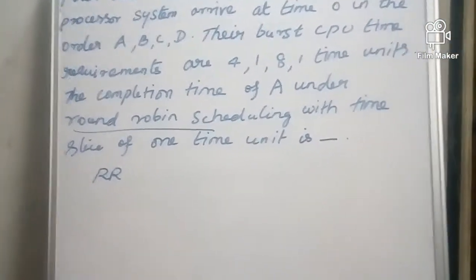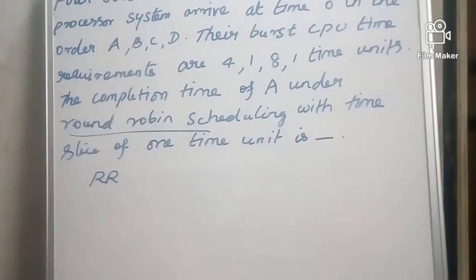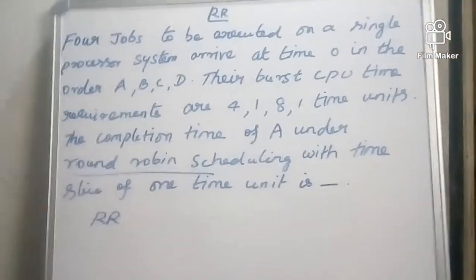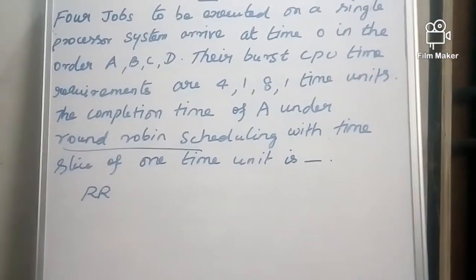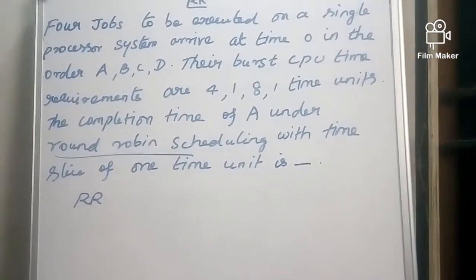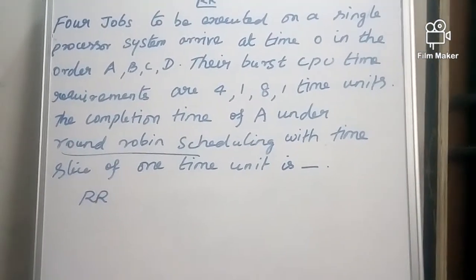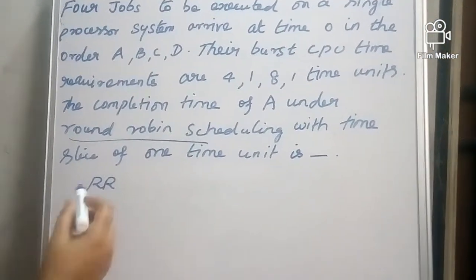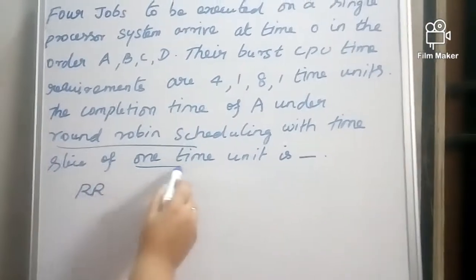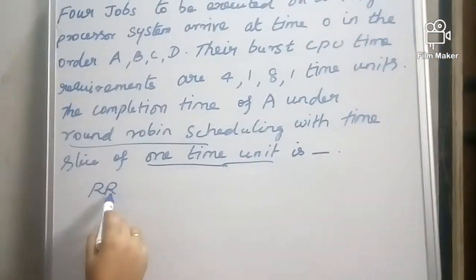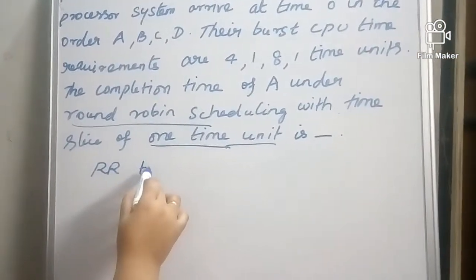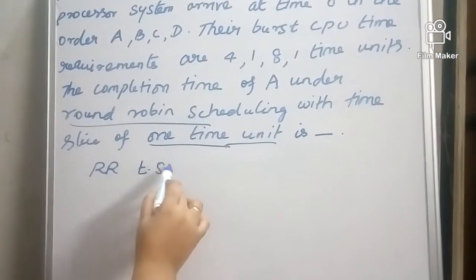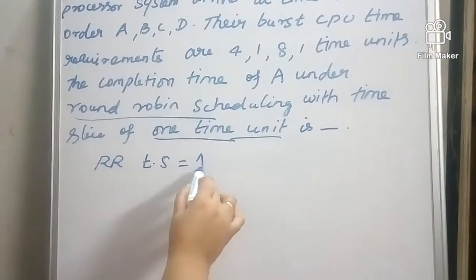And the next important thing is the time slice. If it is a round robin algorithm, we need the time slice. Here it is 1 time unit. So round robin, and the time slice or time quantum is 1 time unit.